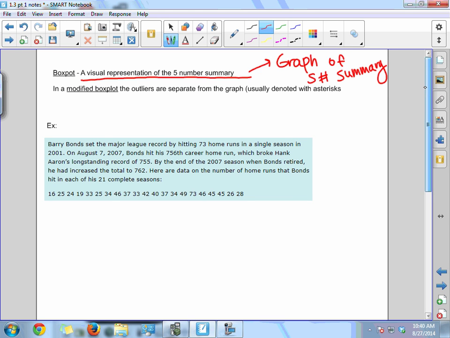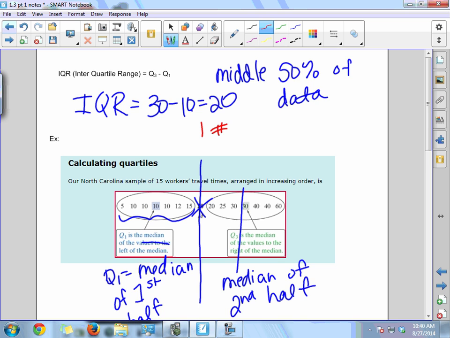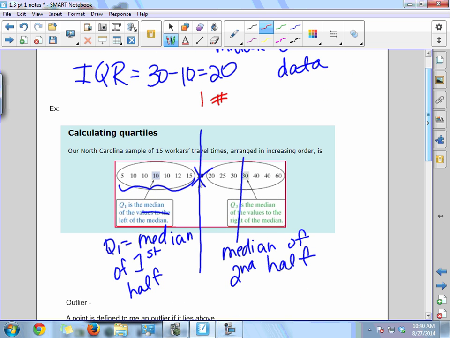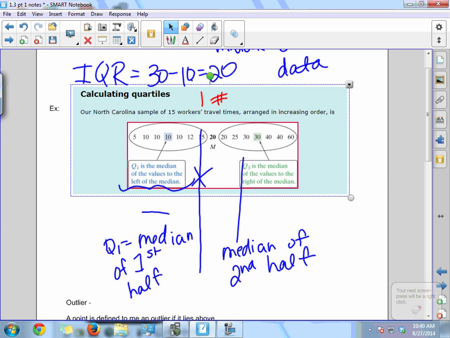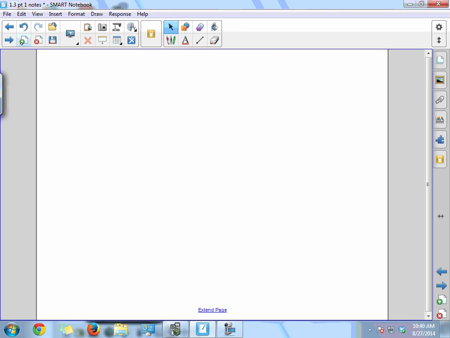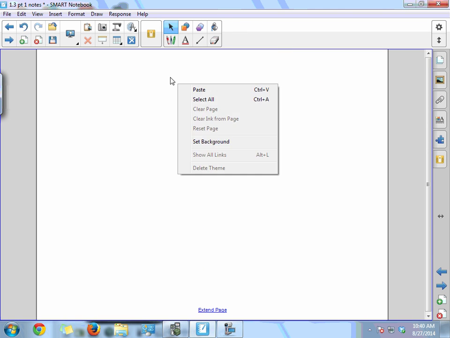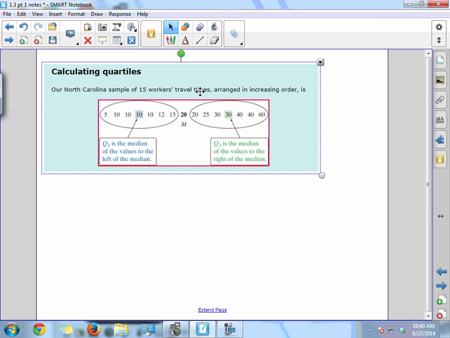So let's go back to this data that we just had, and let's see if we can make a box plot from this data. I think actually what I'll do is I'll take this thing and I will copy it, and I'll just put it on a new page. There we go. All right, so let's write down for this data our 5-number summary.